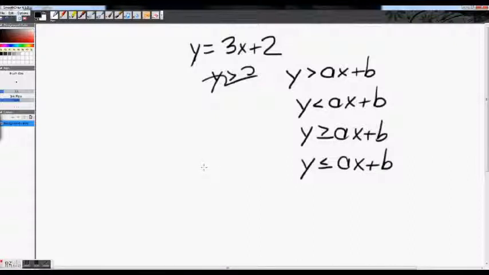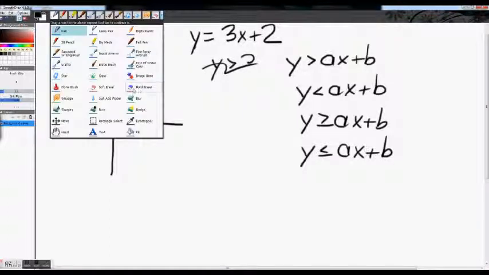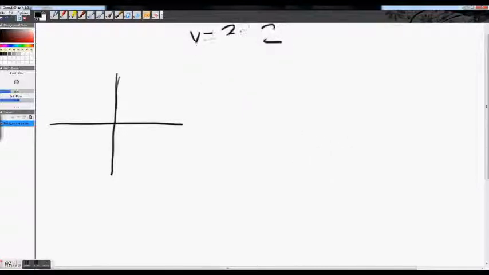In order to graph a linear inequality, it may be better to write this in the standard form, ax plus by.